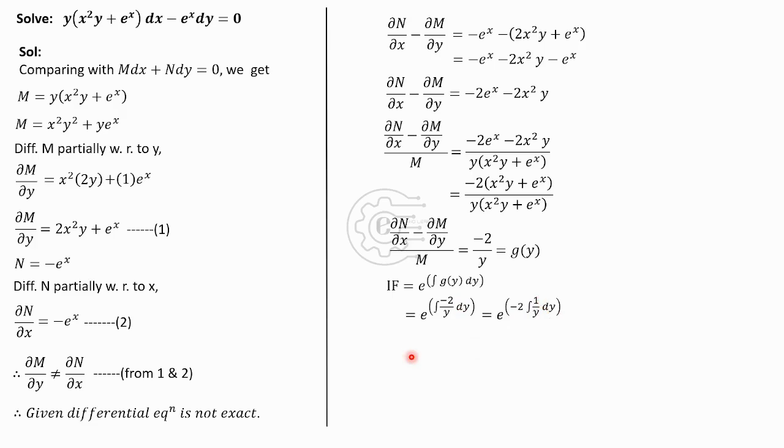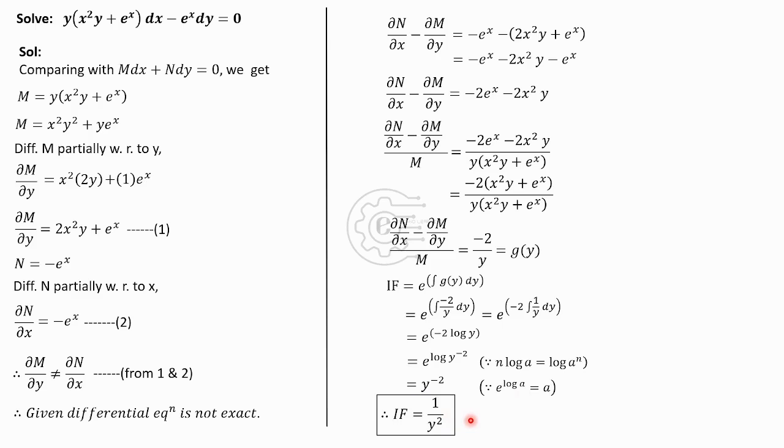Now integration of 1 upon y is log y, and we can write this as e raised to log y raised to minus 2 by following this logarithmic rule. And e raised to log y raised to minus 2, we will write as y raised to minus 2 by following this logarithmic rule, and therefore here our integrating factor will be 1 upon y square.